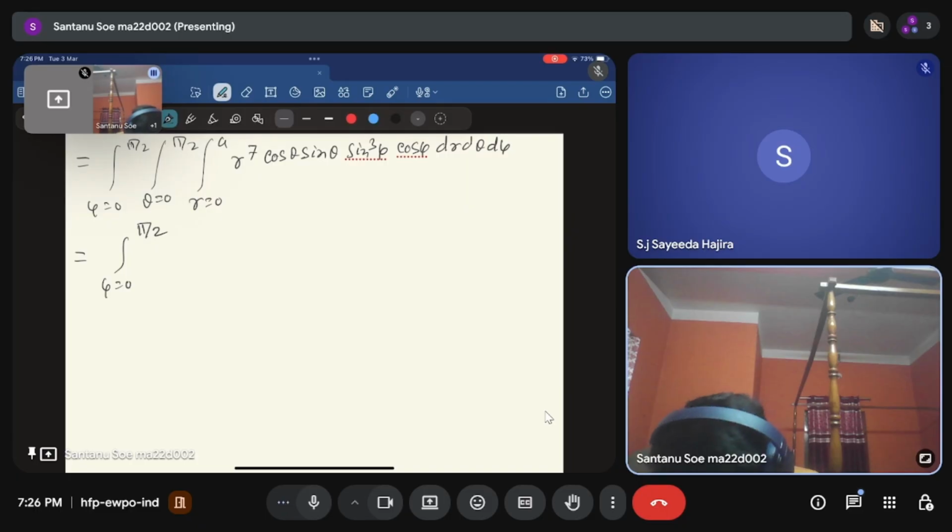So this will be sine cube of phi cos phi d phi, and then theta equals 0 to pi by 2.